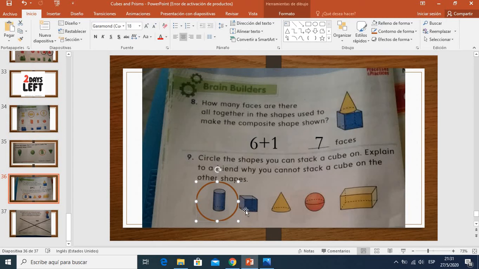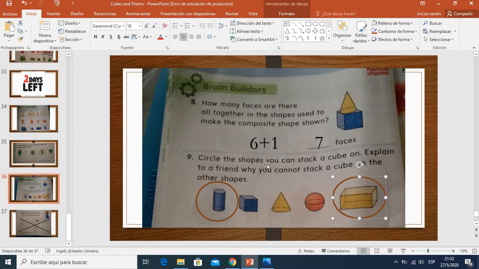Now, can I stack a cube on a rectangular prism? Yes, very good. You can. Of course, it is possible, okay? Why? Because they look the same and they resist each other. I can even place a rectangular prism over a cube. You try it with your blocks.